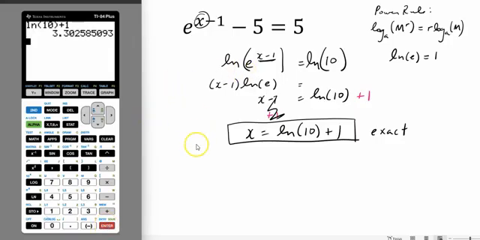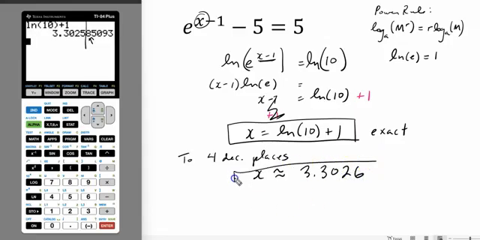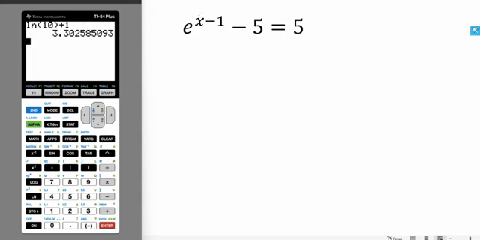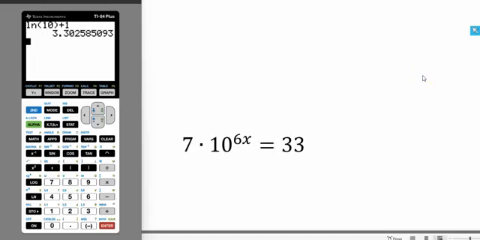So to 4 decimal places, you have x is approximately equal to 1, 2, 3, 4, and then that 8 is going to bump that 5 up to a 6. Sometimes a question will specify whether or not they want you to give an exact answer or to give an approximation. Okay, let's go on to the next one.